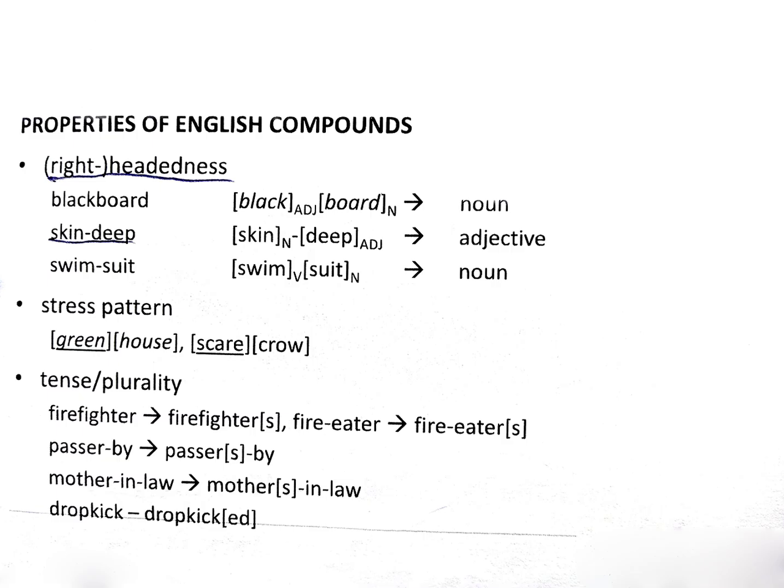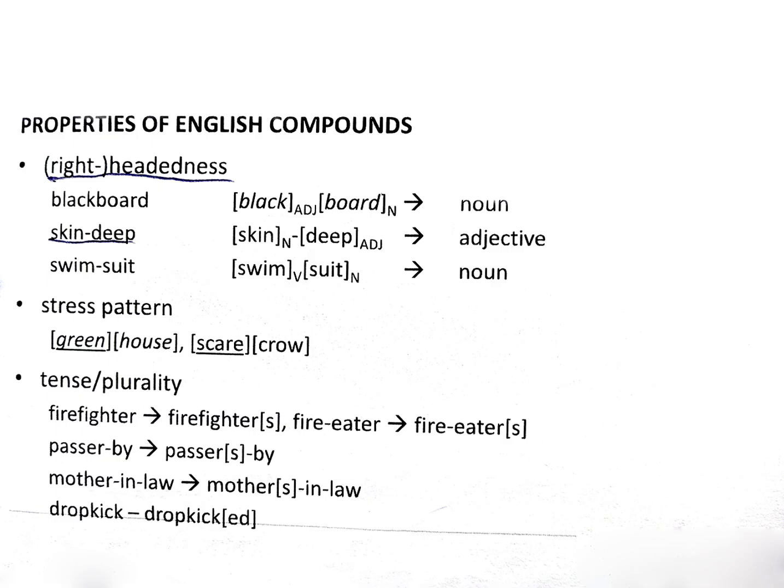Let's take the third word, swimsuit. Swim as a free morpheme functions as a verb. Suit as a free morpheme functions as a noun. So combining those two morphemes, the word swimsuit functions as a noun.